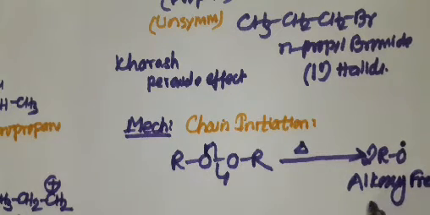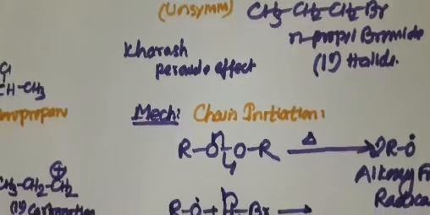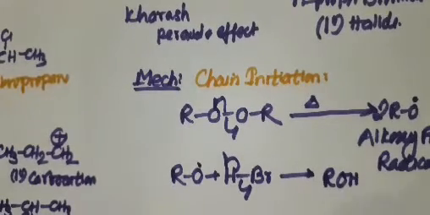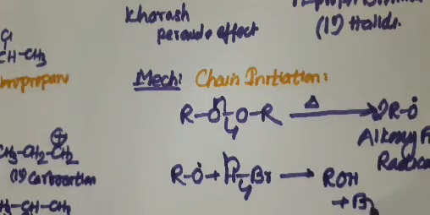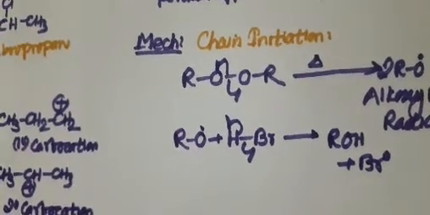This is alkoxy free radical, and this alkoxy free radical interacts with HBr. The shared electrons are shifted on individual atoms singly. So RO interacts with the H, giving ROH plus Br free radical. We are getting Br free radical.